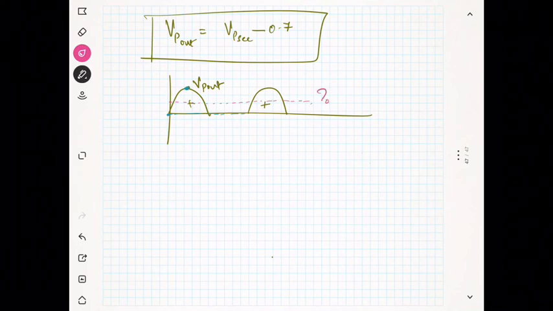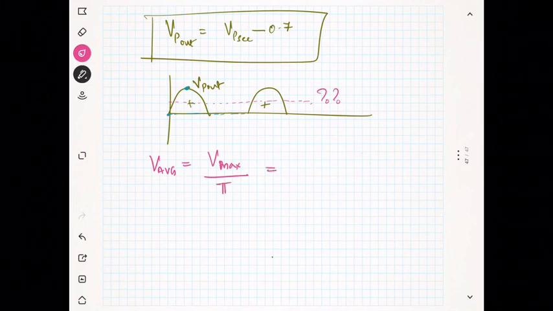And what will be this level? You can directly use the formula that you have studied earlier. That means V average is nothing but the maximum voltage, V max, divided by pi.